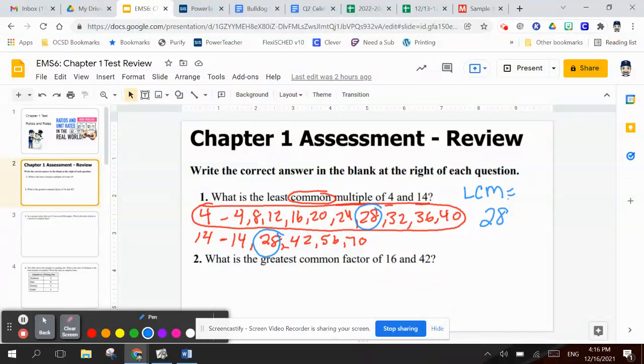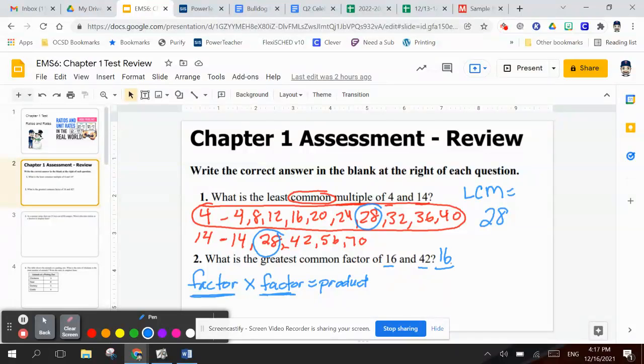Number 2, what is the greatest common factor of 16 and 42? So factor times a factor equals a product. So what I'm looking at are what 2 factors I can multiply to get 16 and 42.